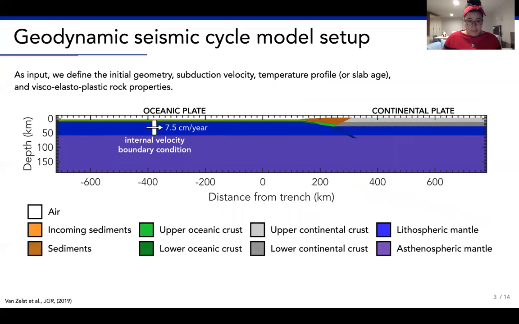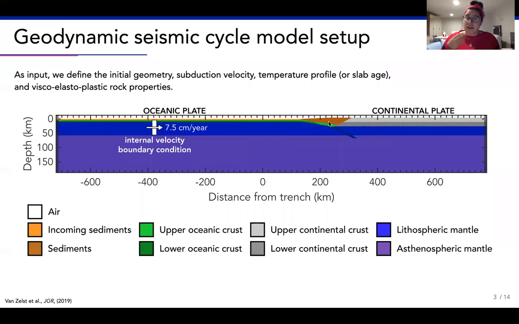So let's start at the beginning. What does our geodynamic seismic cycle model setup look like? Well, it looks like this. We have an oceanic plate and we push it with 7.5 centimeters per year towards our continental plate. There's a little accretionary wedge in between.